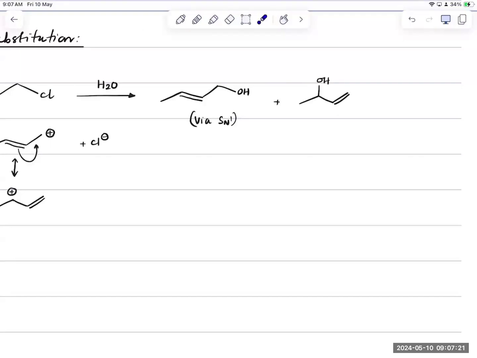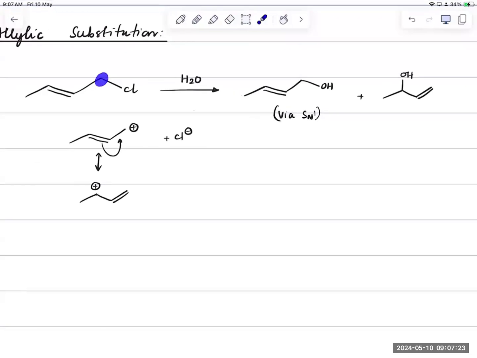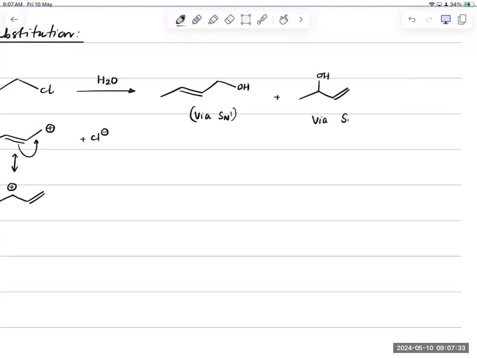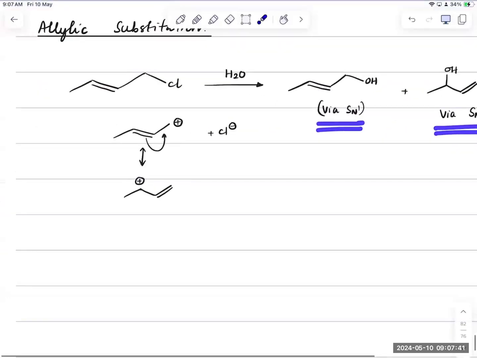Now, since the leaving group position was here, the nucleophile is attacking a new position, which is a resonance stabilized position. This is via SN1 prime. This is via SN1, and this is via SN1 prime. I hope you understood which is what.